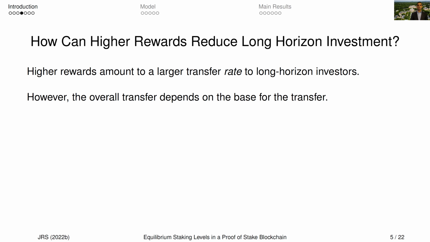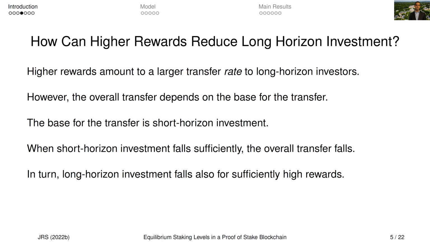Well, the important thing to recognize here is that higher rewards correspond to an increase in the transfer rate. It's not necessarily an increase in the aggregate amount that's being transferred, the economic value of the amount being transferred. It's an increase in the rate of the transfer. And rate on what base? Well, the base turns out to be essentially the level of short horizon investment.